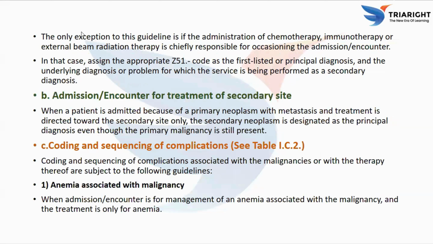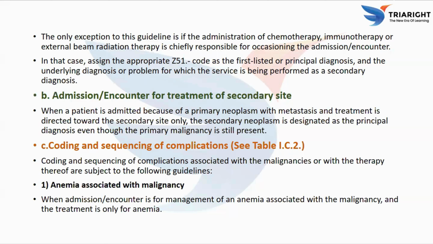So next is the exception guideline: the exception to primary malignancy versus principal diagnosis. Normally when a patient is admitted for cancer treatment, the primary malignancy is coded as the principal or first listed diagnosis. So what is the important exception here? If the sole purpose of the encounter is chemotherapy, immunotherapy, or external beam radiation therapy, then you should not code the cancer first.